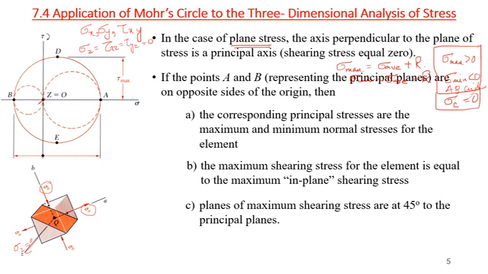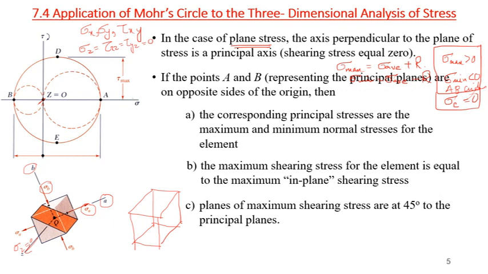If I rotate this plane between the A axis and B axis, those are my principal axes, by 45 degrees, then I will have maximum shear stress, and that shear stress is known as in-plane shear stress.